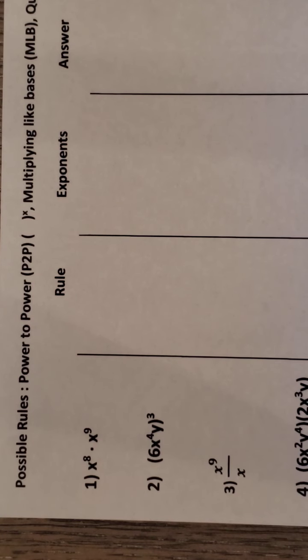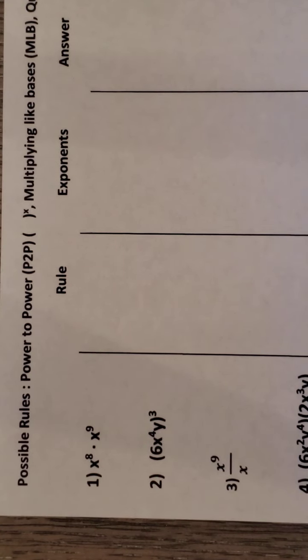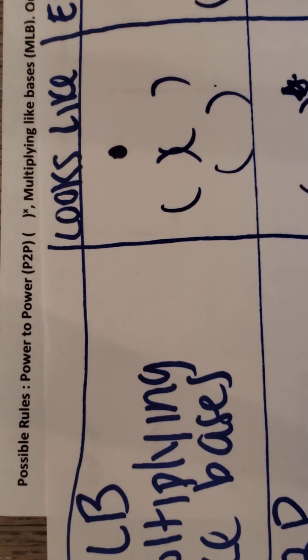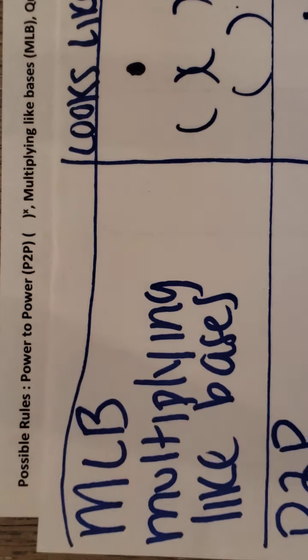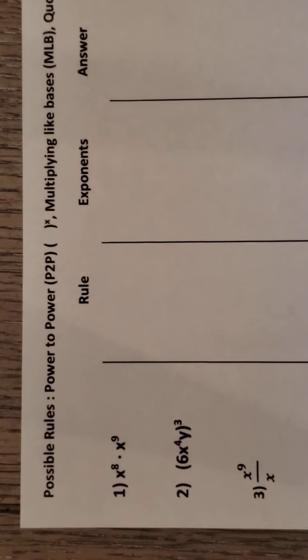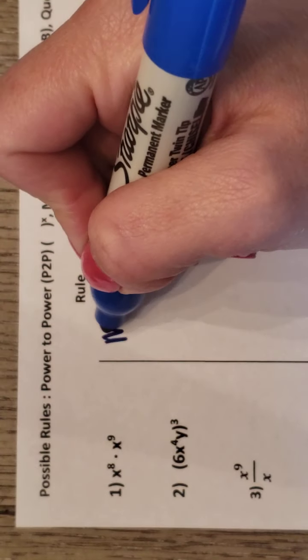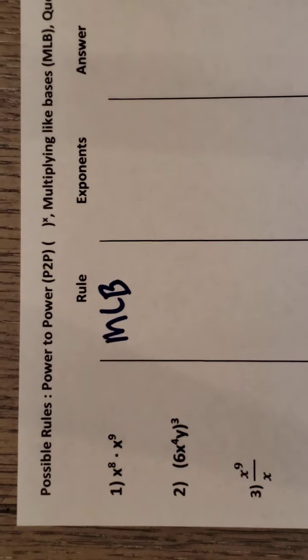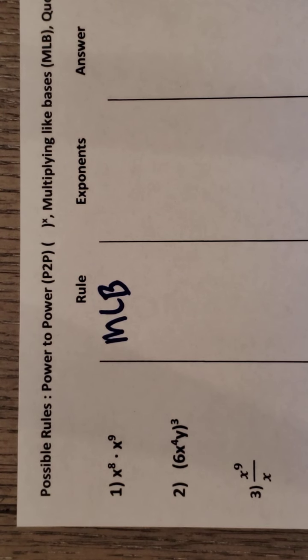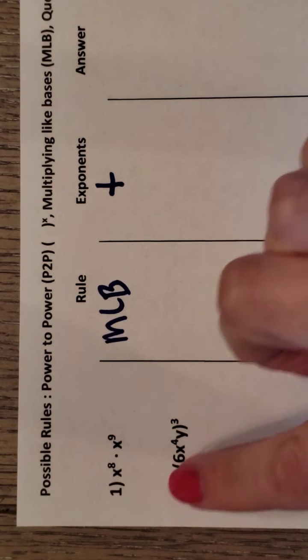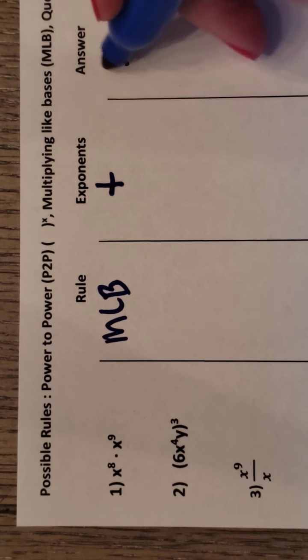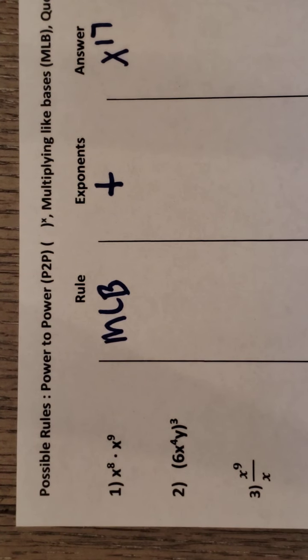If you look on your cheat sheet, when you have a dot, it's multiplying like bases, which means we write MLB because that's the rule we're using. If you look at your sheet, what do we do to the exponents when we're multiplying like bases? You add the exponents. So your answer is going to be x to the 17th.